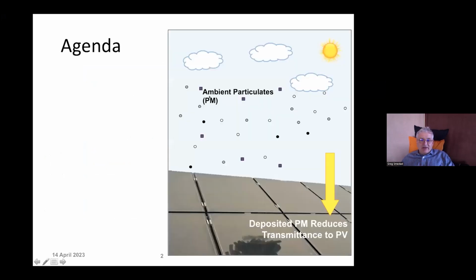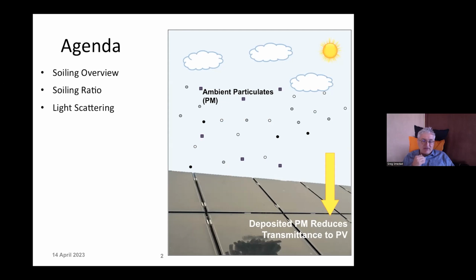First of all, what is soiling? We have ambient particles in the atmosphere that are deposited. We call this particulate matter, PM, and it reduces the transmission on the photovoltaic installation or on a CSP system. So I will give you an overview. I will talk about what the soiling ratio is.